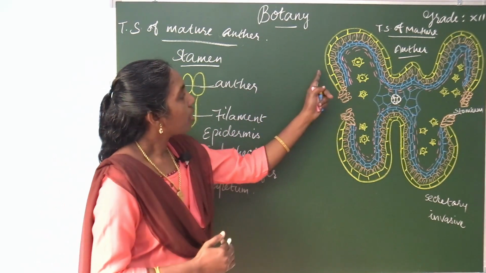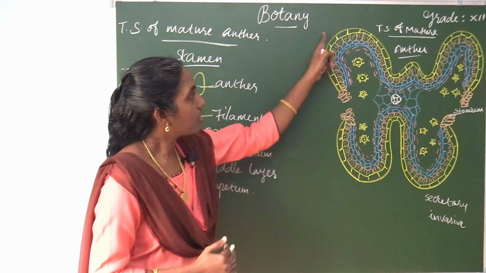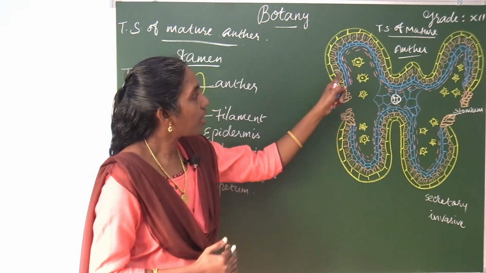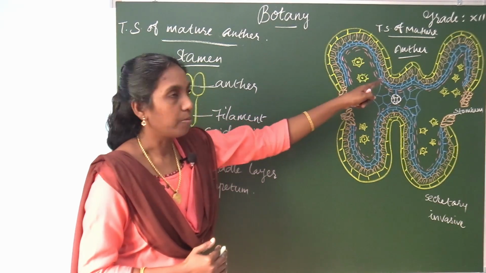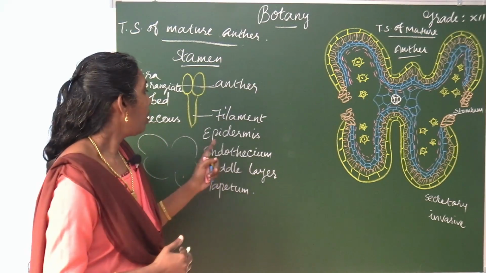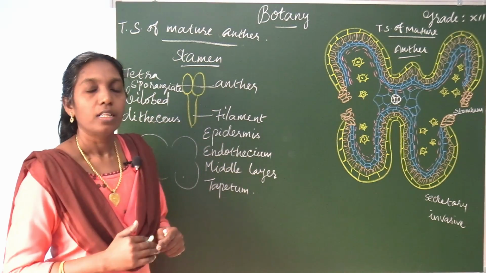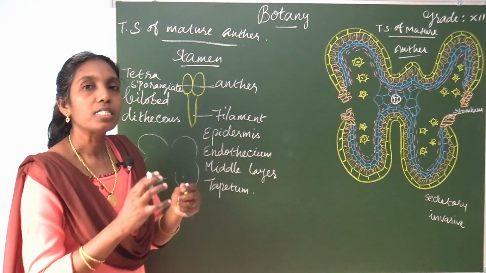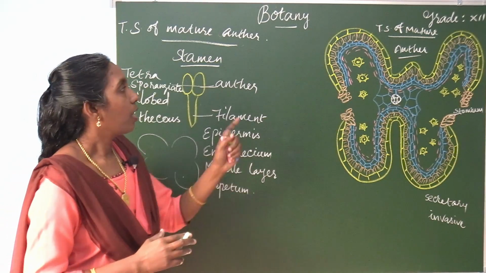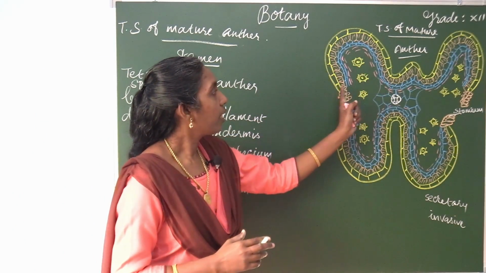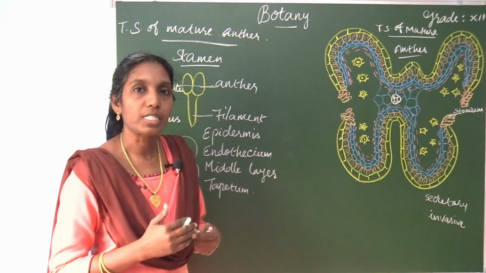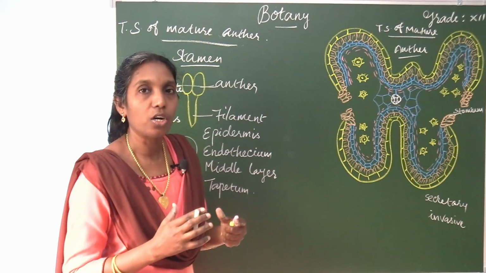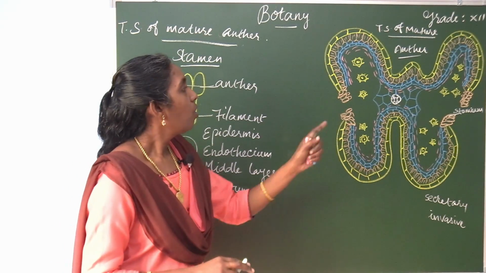Inner to this epidermis there is a layer called endothecium. The layer of endothecium is elongated.